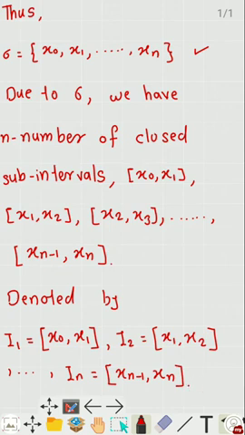So these are the n subintervals and the notation for these n subintervals.